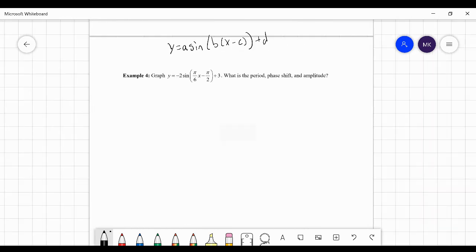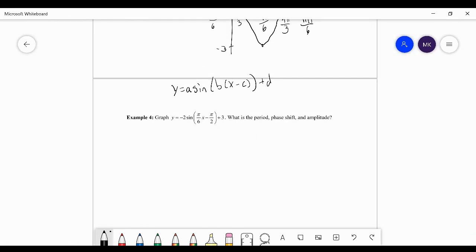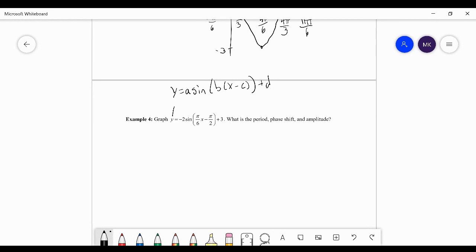Just to save room, I'm going to do this above. So we get -2 sine. All I have to do to get it into this form is factor out the pi over 6 from the piece inside of our sine function. So I get pi over 6 times x minus 3, and then we have our plus 3.